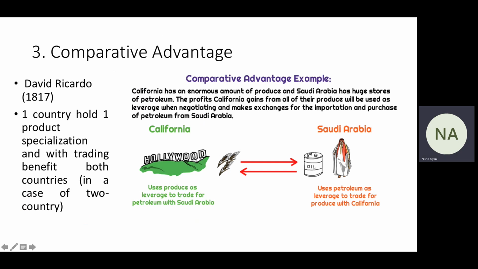Next thing, comparative advantage. Comparative advantage is a simple concept: Thailand produces a high amount of rice, and Malaysia produces a high amount of palm oil. So basically, we want rice as a product in Malaysia, so we import rice from Thailand.